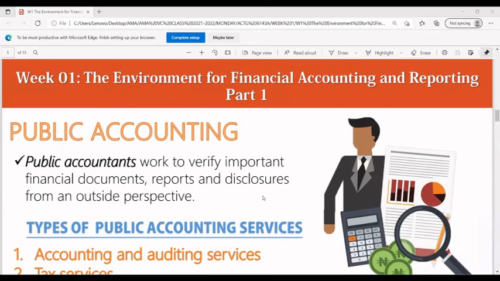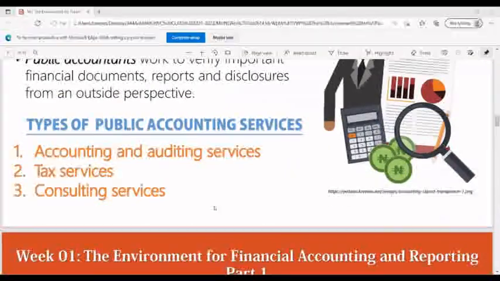So, in public accounting, public accountants work to verify important financial documents, reports, and disclosures from an outside perspective. The types of public accounting services are accounting and auditing services, tax services, and consulting services.